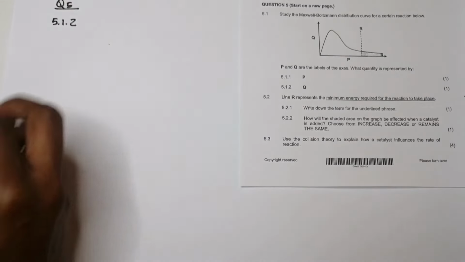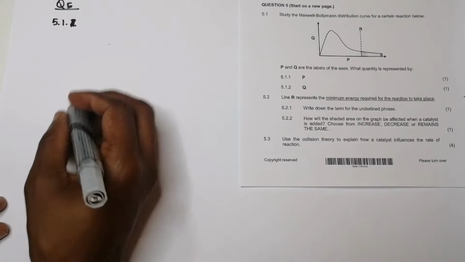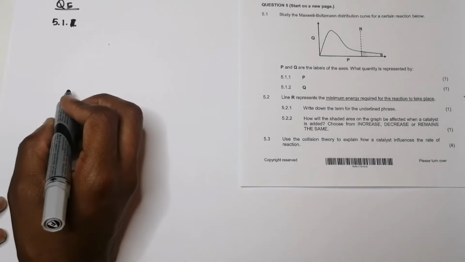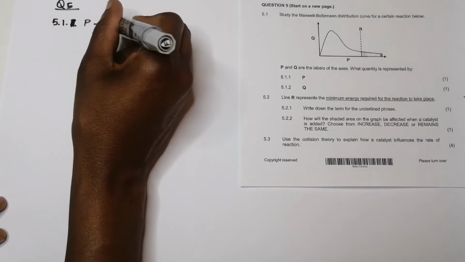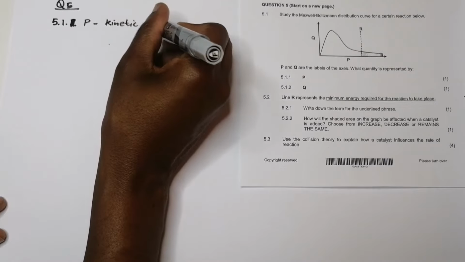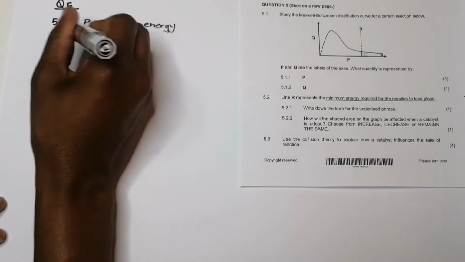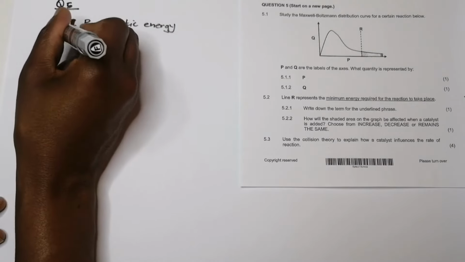So, sorry, 5.1.1 rather. Right, so P represents the kinetic energy of the molecules. And then Q, 5.1.2.